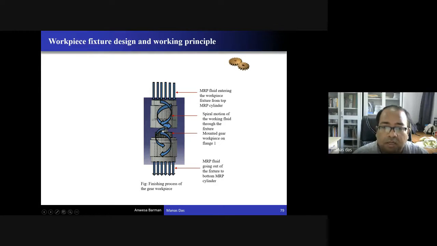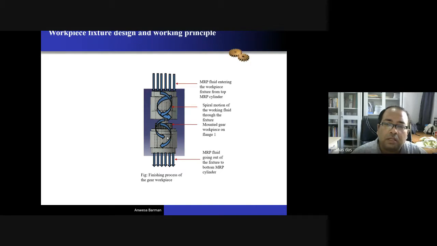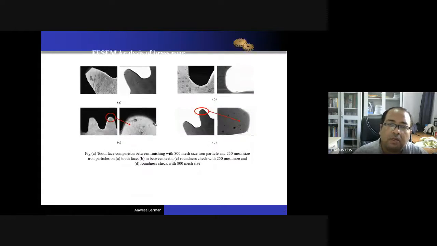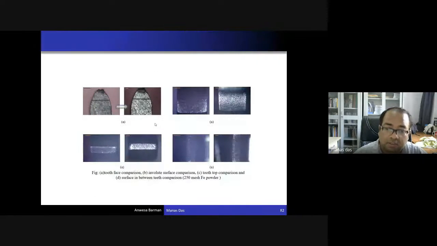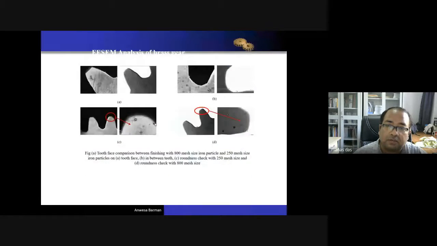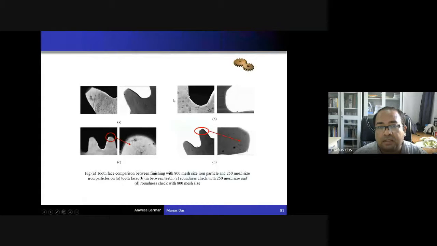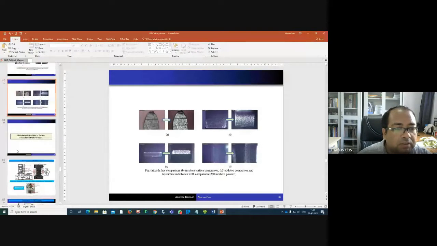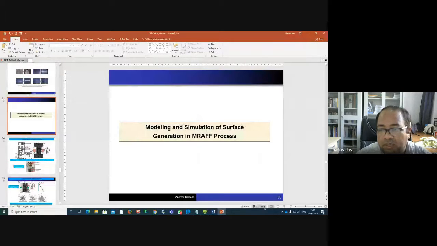You can see that the different surfaces of this gear, where initially small bars were there, have all been removed. Now I am going to start the simulation work we have done.